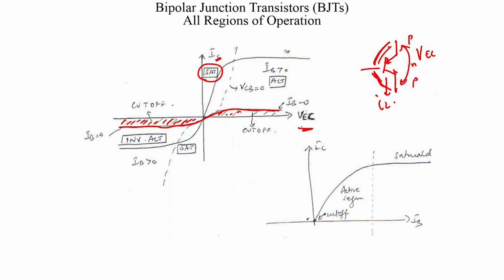Now, the inverse active operates like the active, but it is going to be much weaker. The currents are going to be much smaller because we do not have a P plus N junction anymore, instead we have a PN junction. So, this is a summary of all the current voltage characteristics, and as a homework you could take this ahead and go and plot it for yourselves and convince yourselves as to what the current voltage characteristics are.